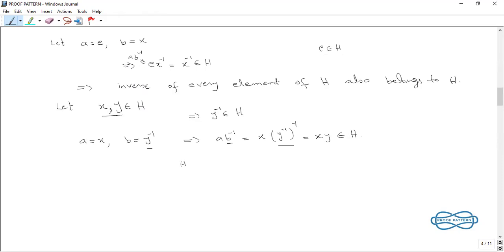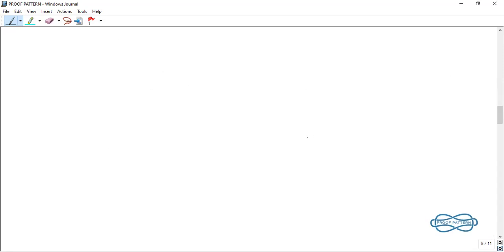Hence, H is closed with respect to the given binary operation, and all this concludes that H is a subgroup of G. Now, whenever we have a given set and we have to check that it is a subgroup of G, we have to check only the given axiom. This is called the one-step subgroup test.